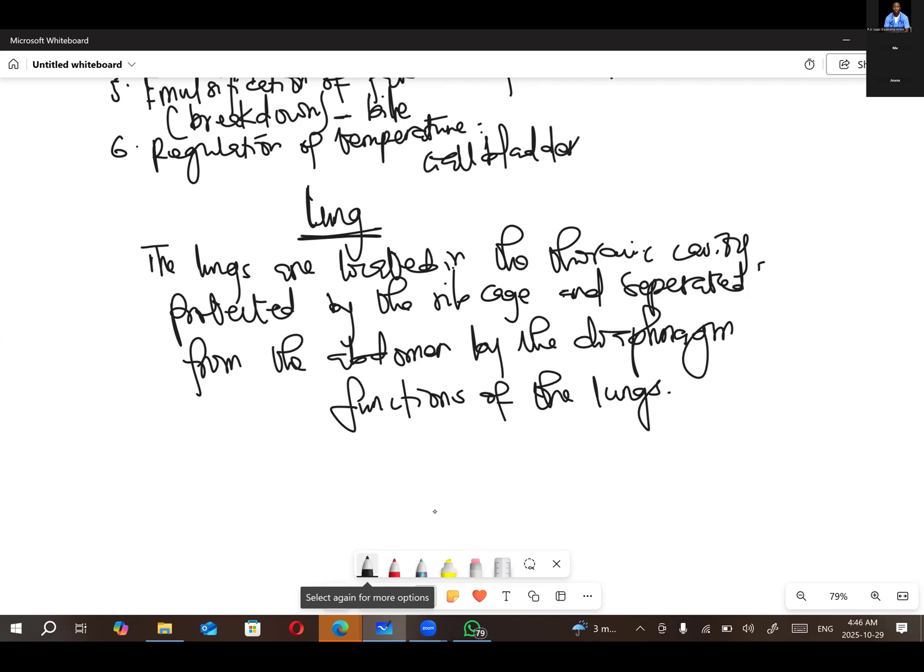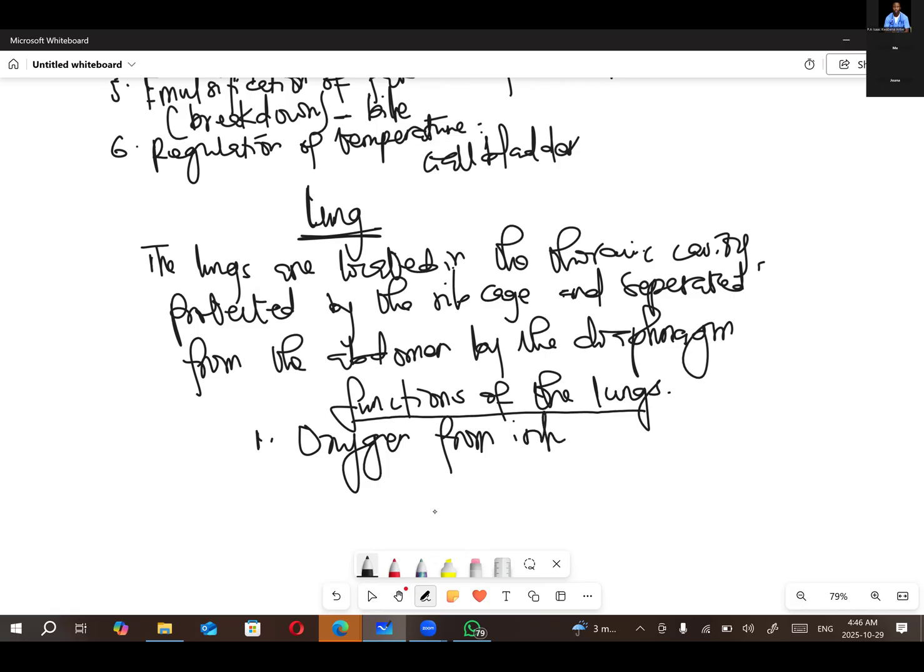The lung facilitates gaseous exchange. So oxygen from inhaled air diffuses into the blood in the alveoli.